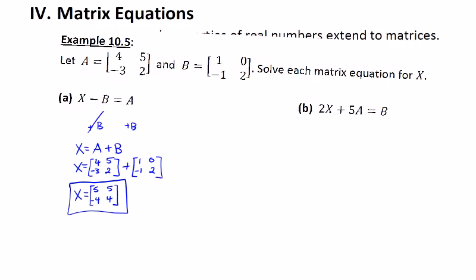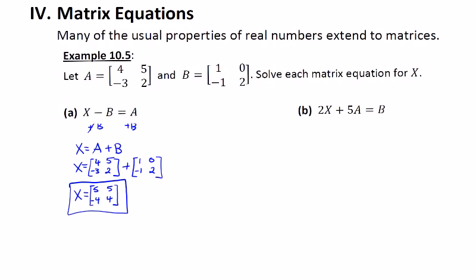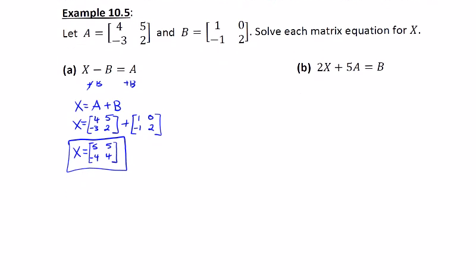Now it is also possible to check. To check this, I would take the original statement, which is X minus B is equal to A, and substitute in what we just calculated for X. That would be [5, 5; -4, 4] minus B, which is [1, 0; -1, 2], and that's supposed to be equal to matrix A, [4, 5; -3, 2].